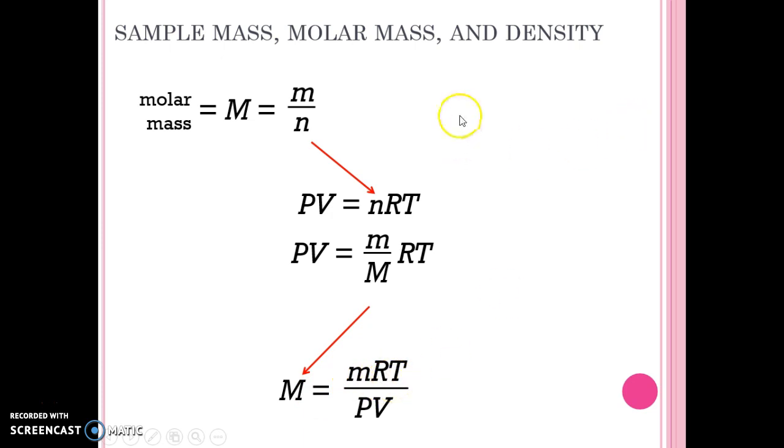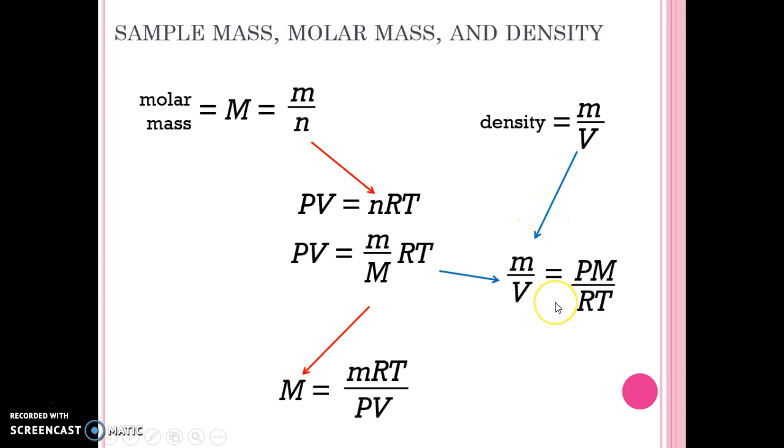The other idea that we have is the idea of density. If you recall, density is mass per volume. Well, we've got moles and volume here, so we can once again take this idea and manipulate it in order to incorporate density into the idea.